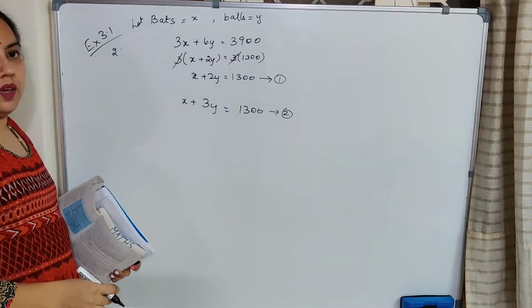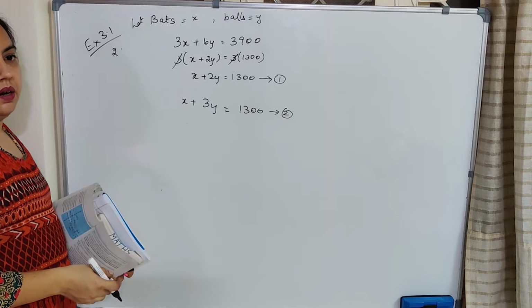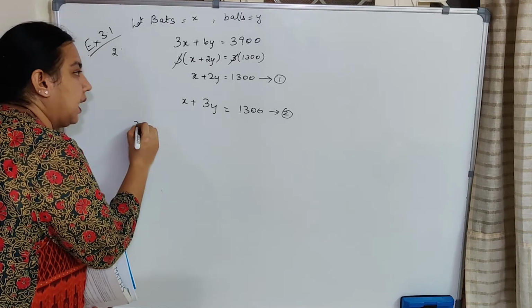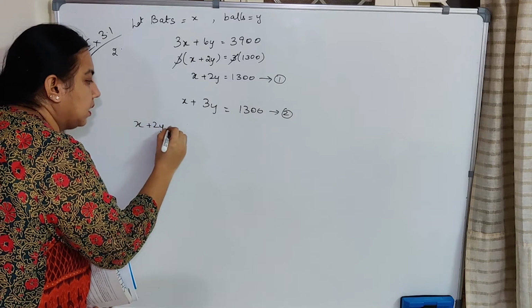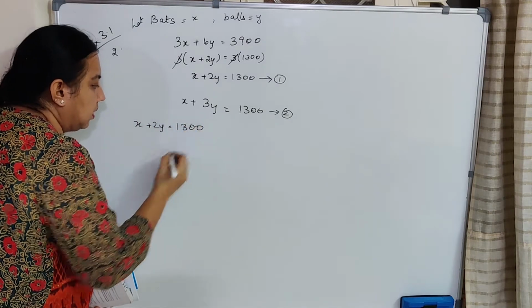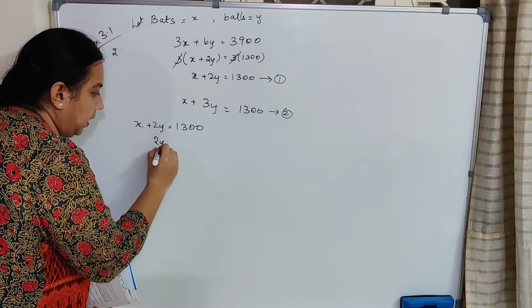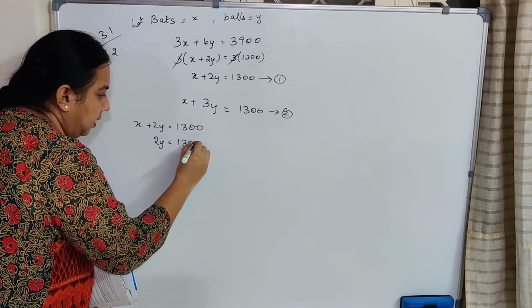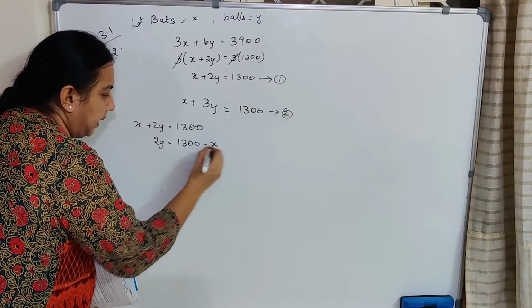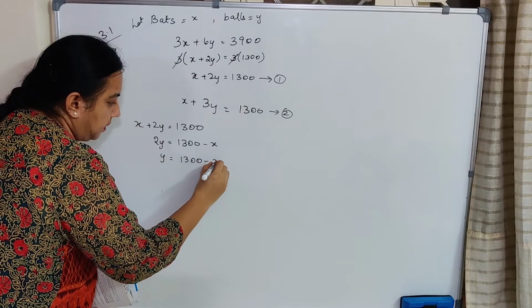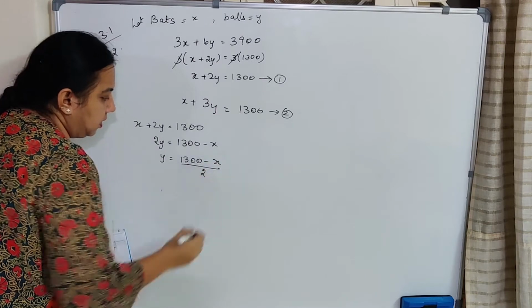And for these two equations, we are going to draw a line on a graph. Again, we will do the same procedure. x plus 2y is equal to 1300, and here I keep 2y alone on the left hand side and bring x to the right hand side. y alone becomes divided by 2.